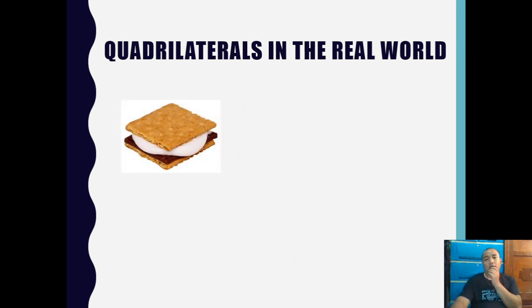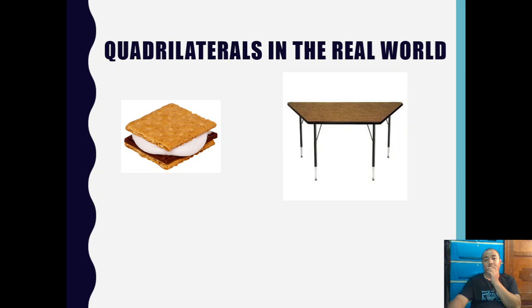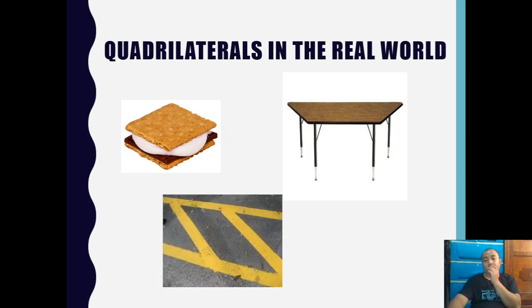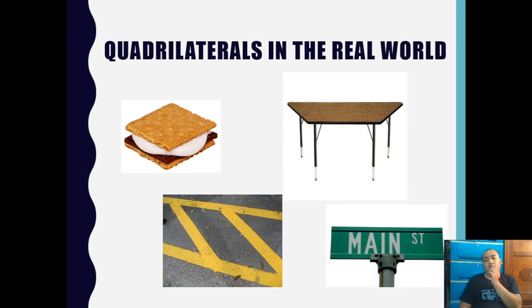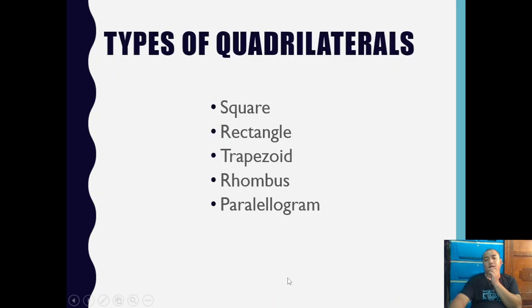Ayan, meron din sa mga biscuit. Sa table, shape of the trapezoid. Ayan, you can see this in the street, in the roads, and also as a traffic sign in the street.